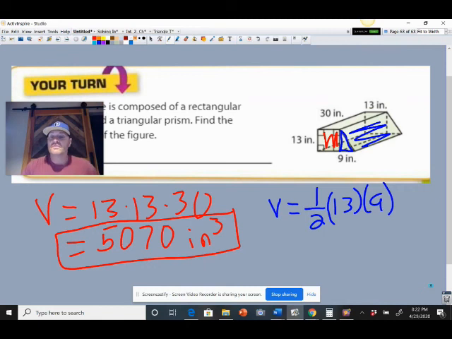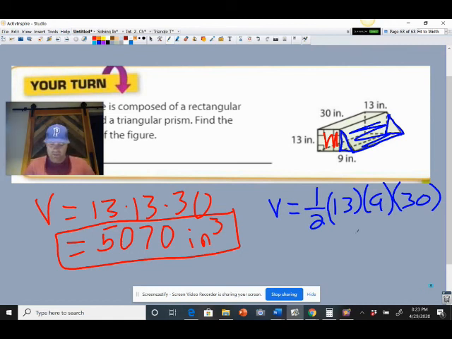And then we have to multiply that by the height. The height of this triangular prism is the distance between this triangle here and this triangle here on the back side. And that distance right here is going to be 30. So I have to multiply this by 30. I'm going to multiply 13 times 9 times 30, and then divide it all by 2 at the very end.